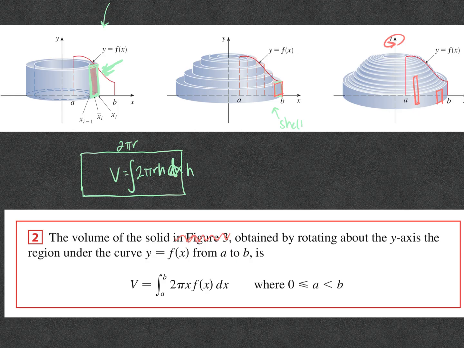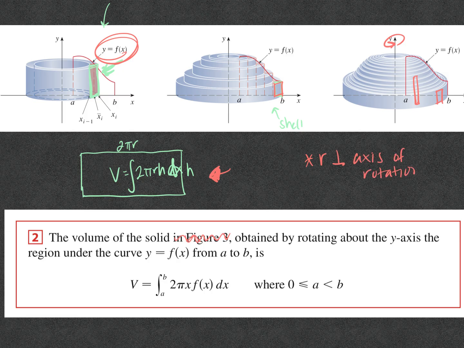So you can see how that correlates to the formula we used up above. Volume equals 2 pi rh, and then our h is going to actually be f of x. You can see it in the figure up here that the height of that figure is f of x. We're going to spend a lot of time talking about that, but a note I want you to make is that your r is still perpendicular to the axis of rotation.